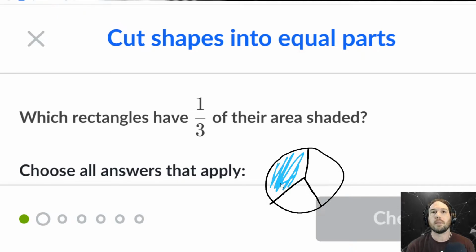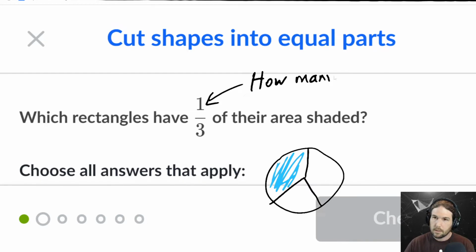So what does the 1 and the 3 actually do? What does it actually mean? The 1 tells us how many pieces. And one way that we can talk about that, another way of saying how many is to numerate or enumerate.